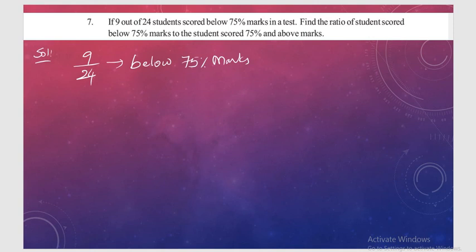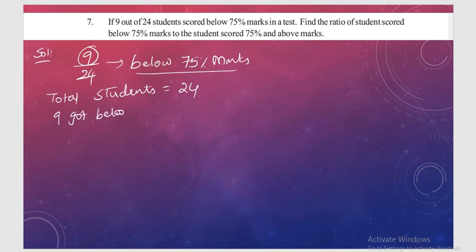If you clearly see, 9 out of 24 got below 75%, no? That means total students are how many? From this what we can say? Total students is equal to 24, right? So 9 got below 75% marks, no?